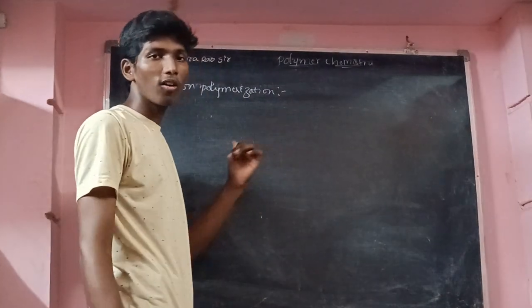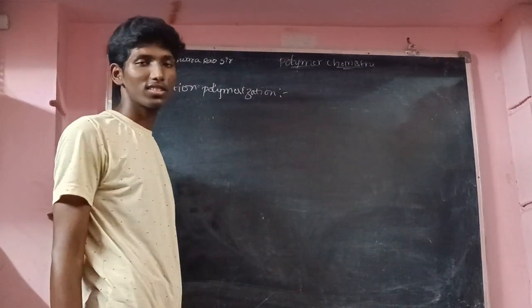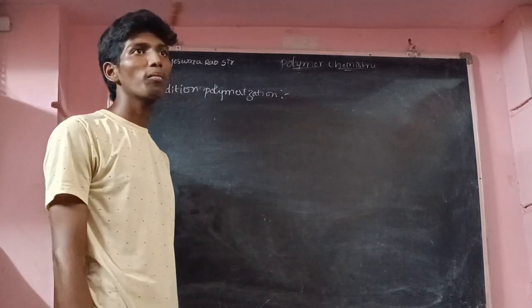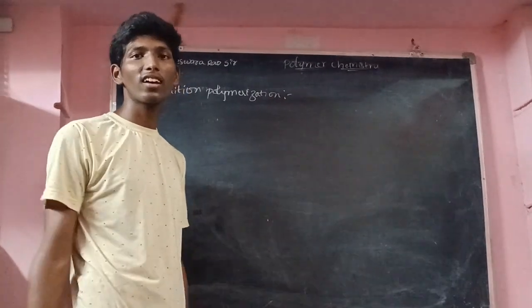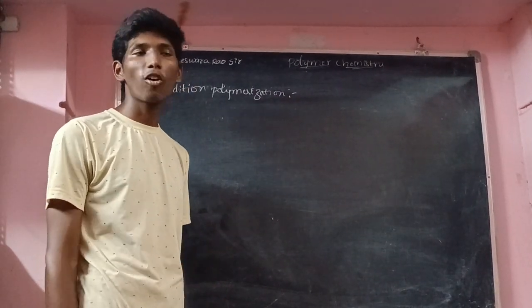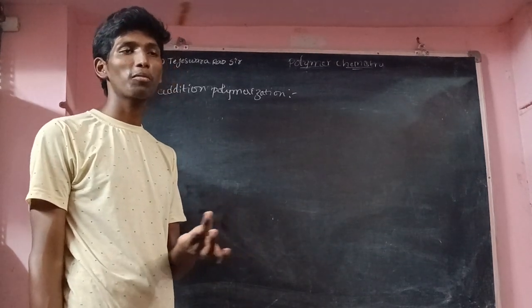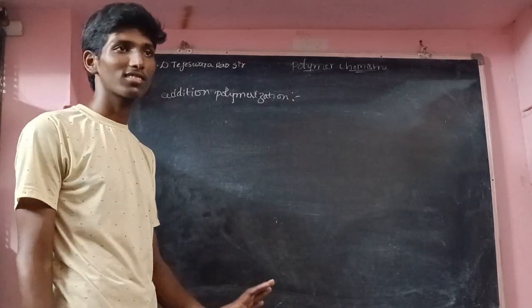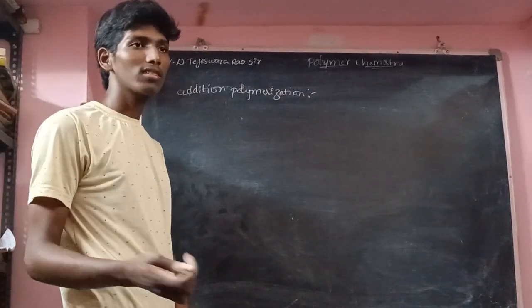It is also called chain growth polymerization. In addition polymerization, the monomer units are mostly unsaturated compounds with double bonds and triple bonds.